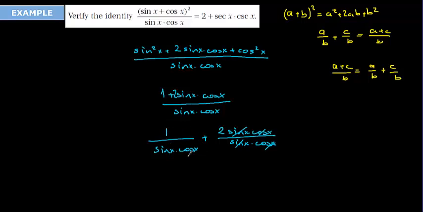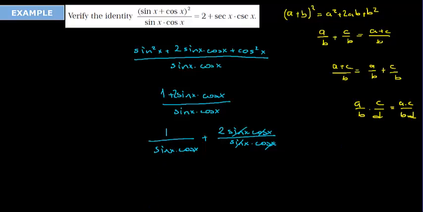What about 1 over sin x times cosine x? When there is a multiplication, you know this one: a over b times c over d. Is it equal to a times c over b times d? Yes.